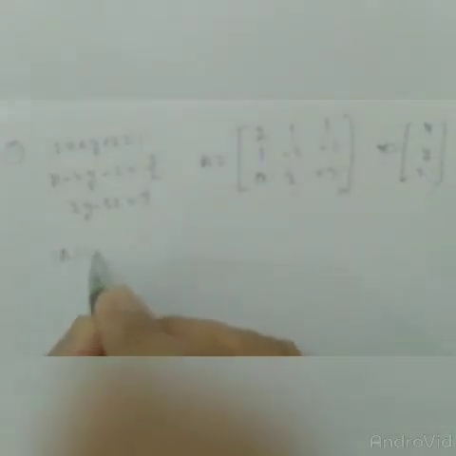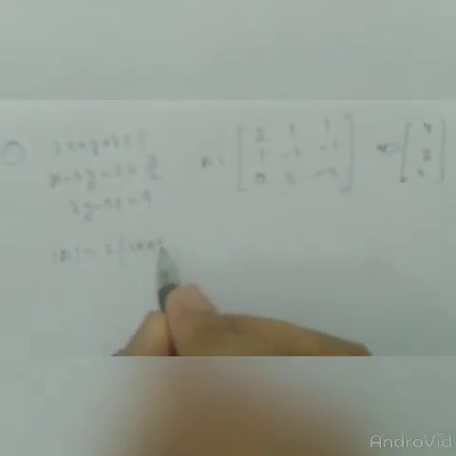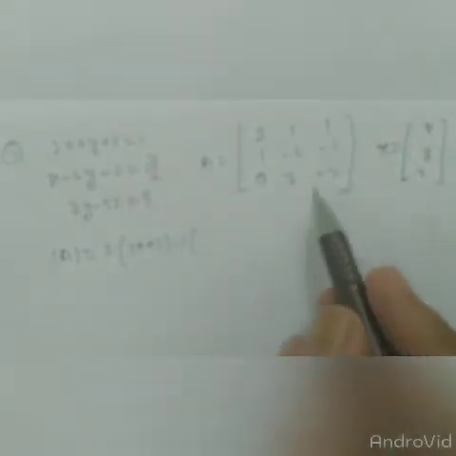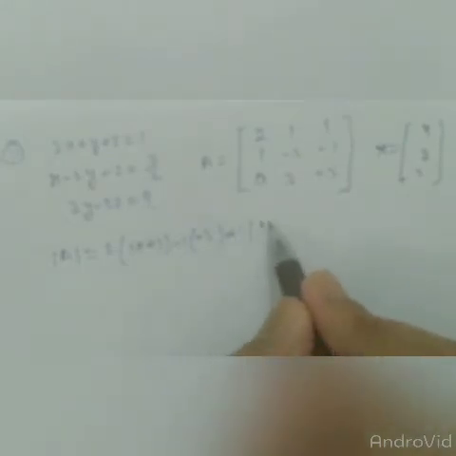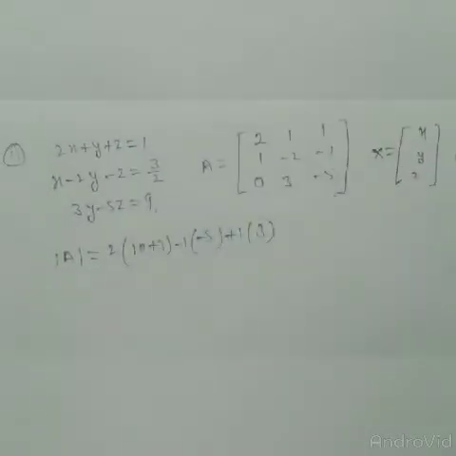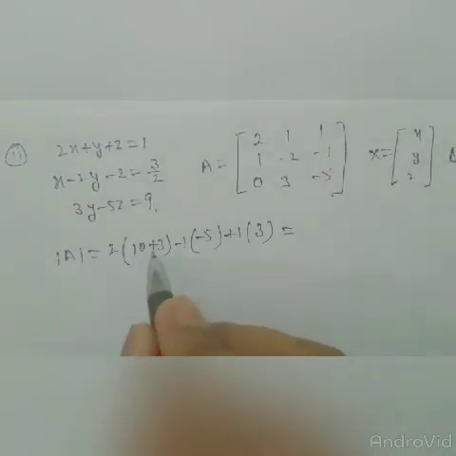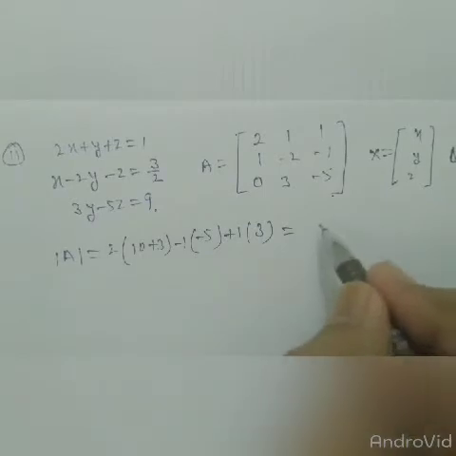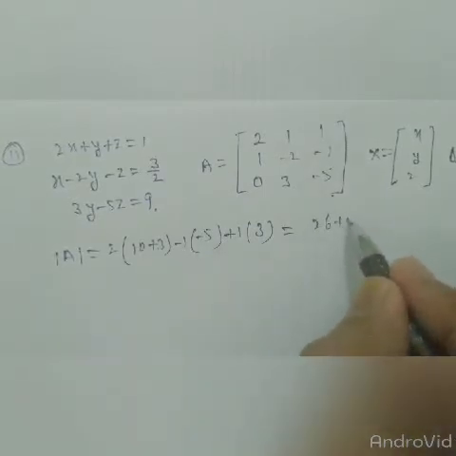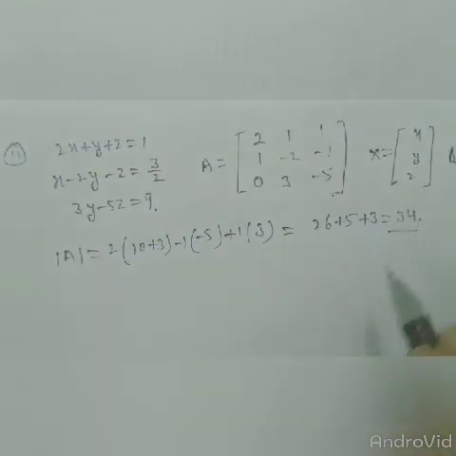The determinant of A is 2 into 10 plus 3, minus 1 into minus 5 plus 1 into 3. Clear? If we solve this, 10 plus 3 is 13, 26 plus 5 plus 3, so that is 34.